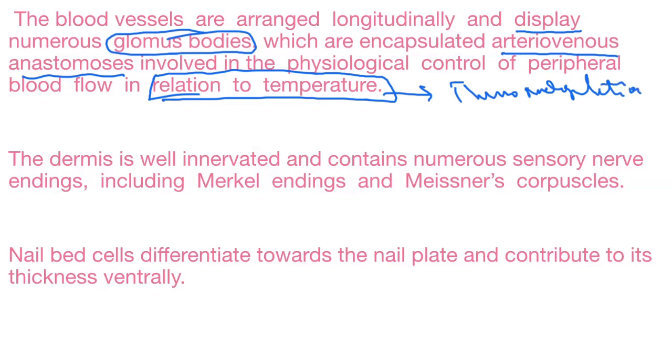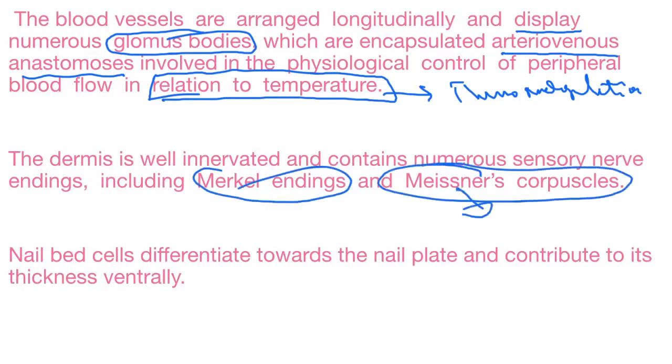That is why if there is very severe coldness, frostbite includes the fingers, right? The dermis is well innervated and contains numerous sensory nerve endings, including Merkel endings and Meissner corpuscles. You will learn all of these in physiology, nervous system.